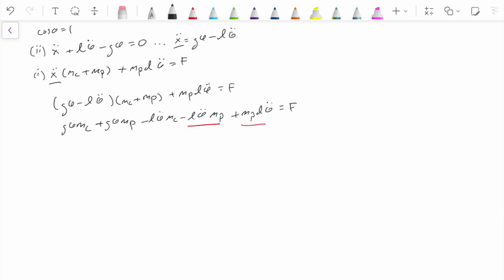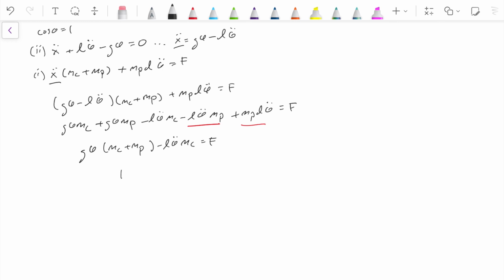And so let's package these in together. So we have g theta (Mc plus Mp) here, and we have minus L theta double dot Mc is equal to F.